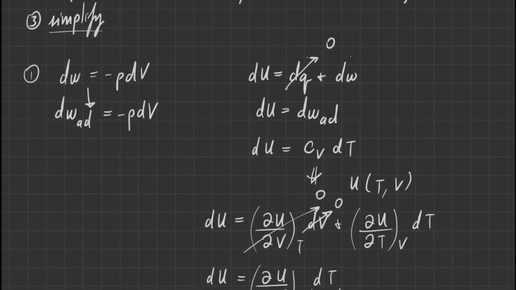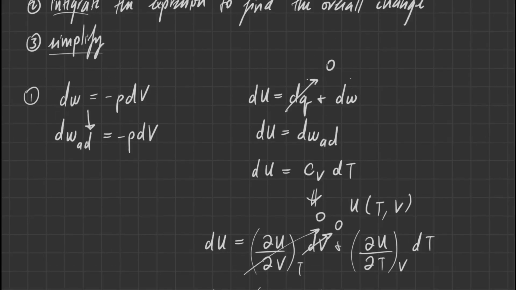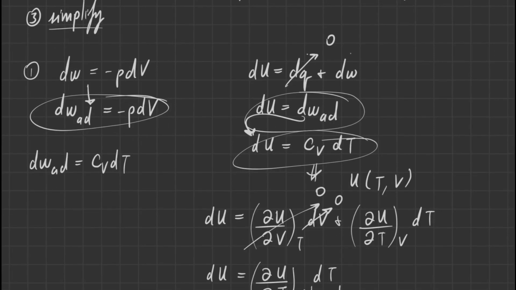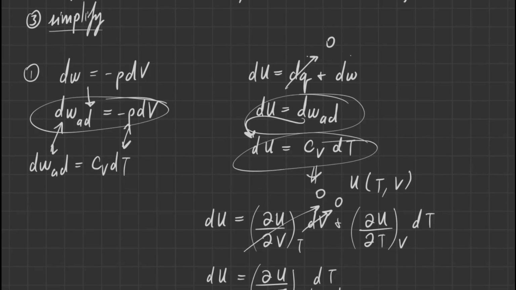So here we have our necessary equations. We have dW adiabatic is equal to negative p dV. dU is equal to the work done in an adiabatic context, and dU is equal to CV dT. So we also know that dW adiabatic is equal to CV dT just by substituting. Because these two are equal, we can now equate these two expressions with each other.